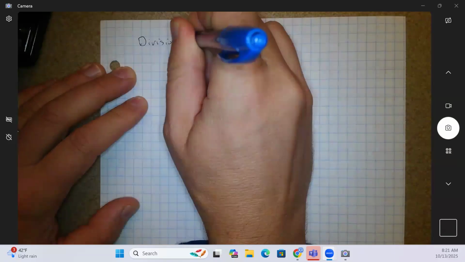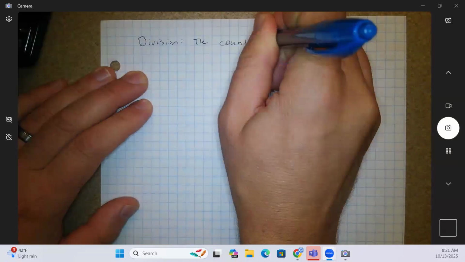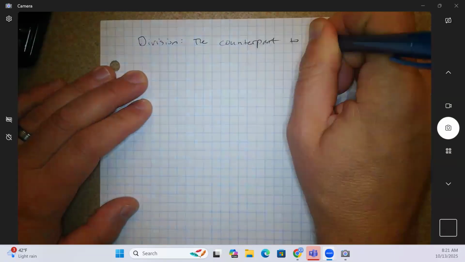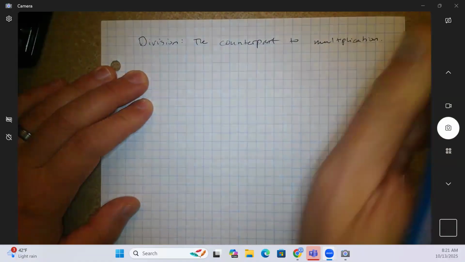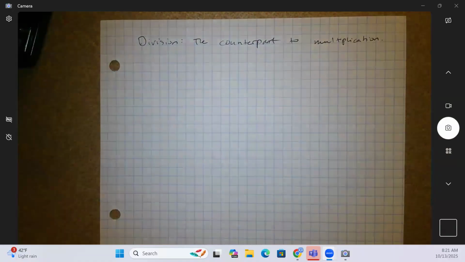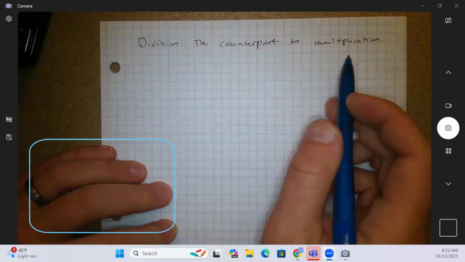Division, the counterpart to multiplication. We're going to do just integers. We're going to stay in the integers for this section of the book. I will probably expand upon that a little bit, but the rules are the same.